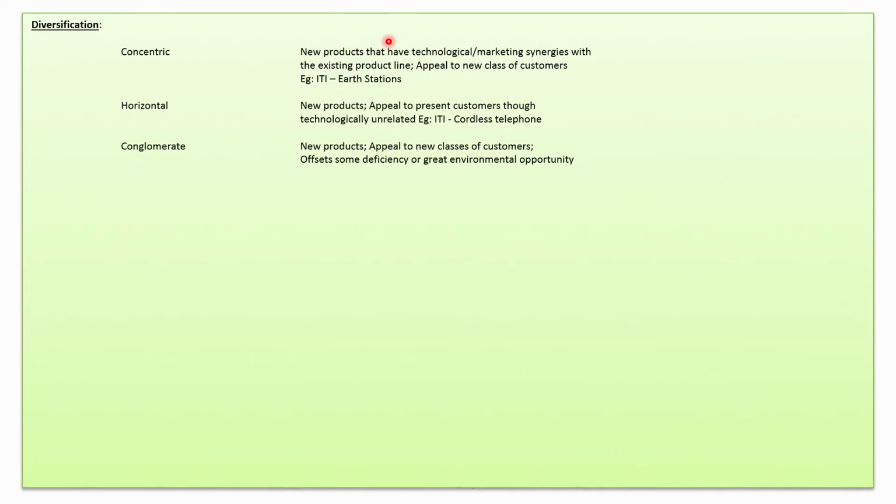So, this is an example of concentric diversification, when you are looking at new products that have technological marketing synergies with the existing product line, appealing to a new class of customers.